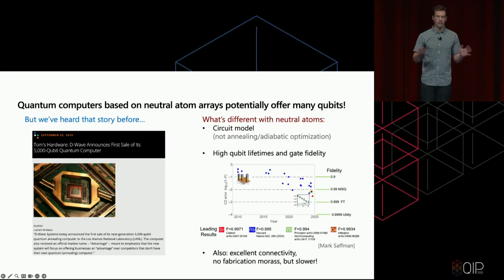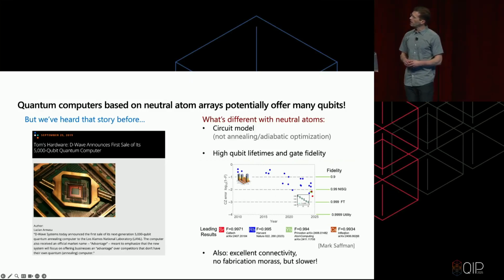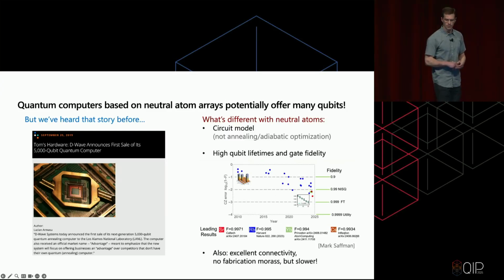And as I said, it's completely flexible. You've got all-to-all connectivity by moving atoms around. We have high qubit lifetimes and high fidelity 2-qubit gates. So this is a slide from Mark Safman where he's plotted the fidelity of the 2-qubit gate over time.